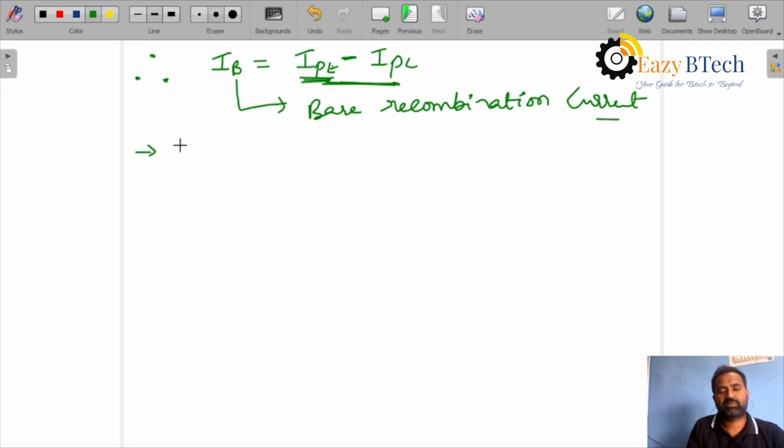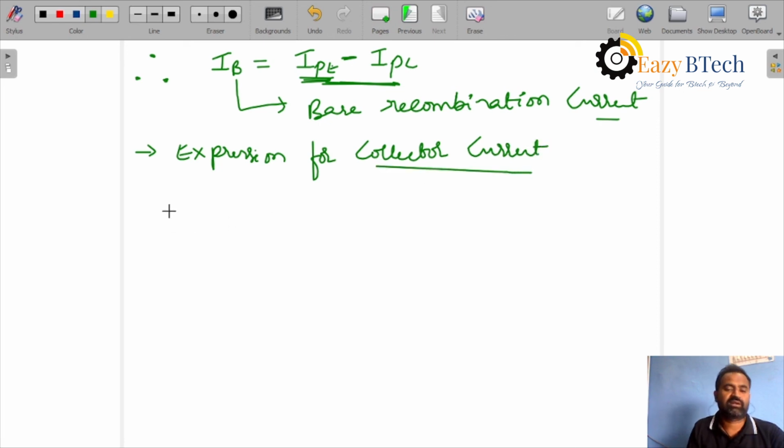Okay. Next, expression for collector current. We know that when the collector junction is in reverse bias, IC is equal to the entering current, that is minus IPC. It is the current entering into this collector junction, that is a majority current, plus we know the reverse saturation current IC naught.